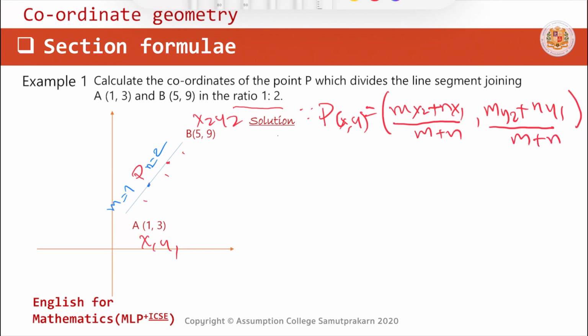And m equal to 1, n equal to 2, so we're going to get something like this. M equal to 1, so I'll put 1 here.